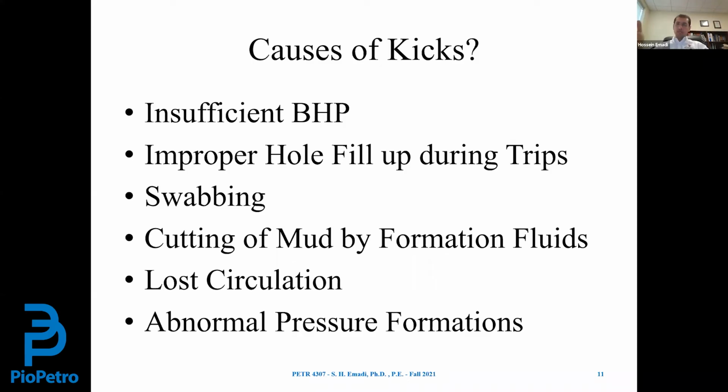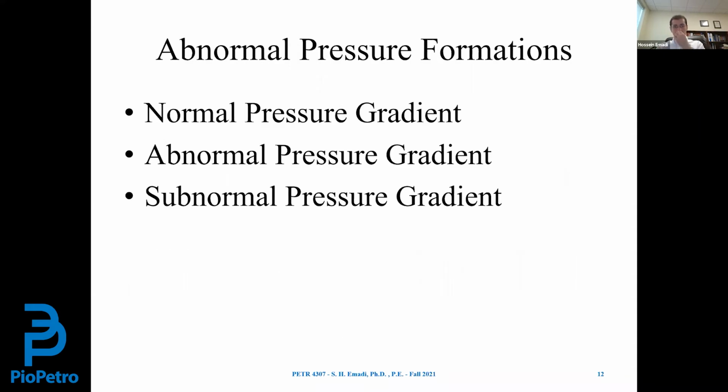As long as the formation is hydraulically connected to the surface aquifer, which is the Gulf of Mexico, your pressure regime is normal pore pressure, or normal pressure. If for any reason the formation gets hydraulically disconnected from the surface aquifer, then either we are going to have abnormal pressure or subnormal pressure. So let's go to the next slide.